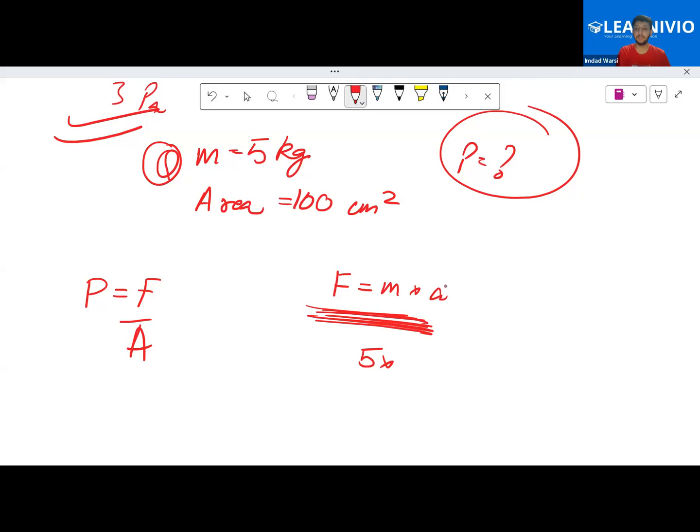If it is hitting on the ground, basically acceleration due to gravity would be working, right? So you can write here 10.